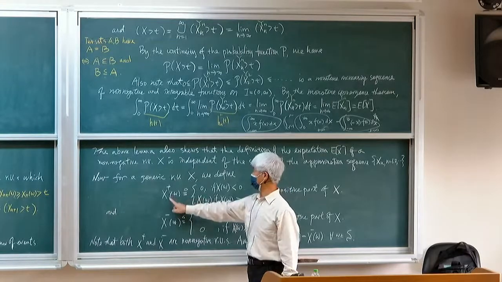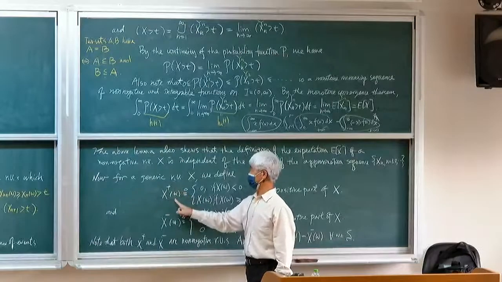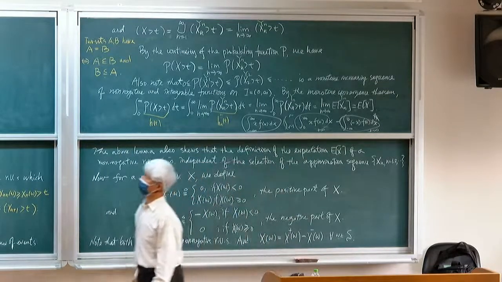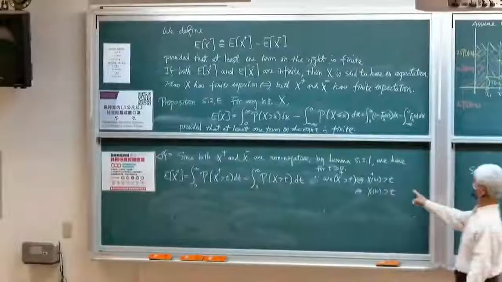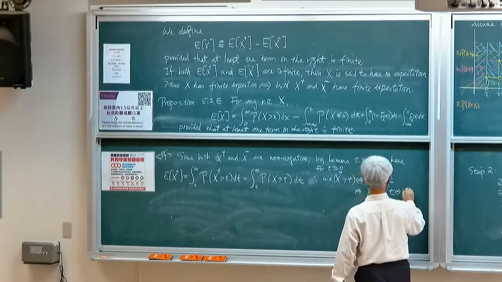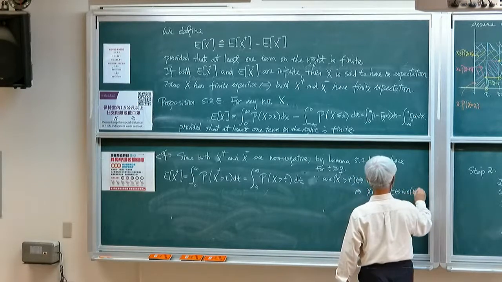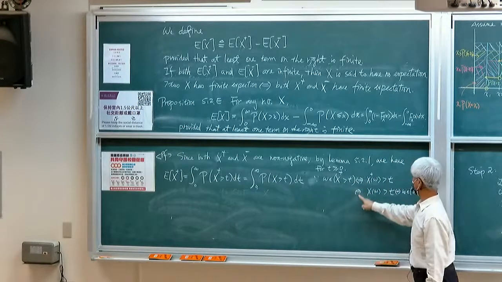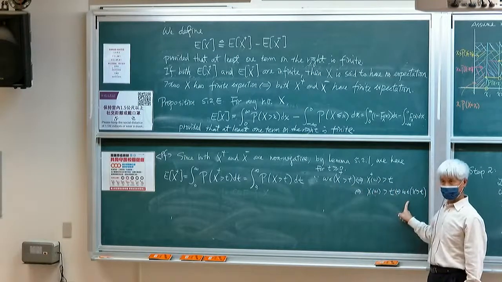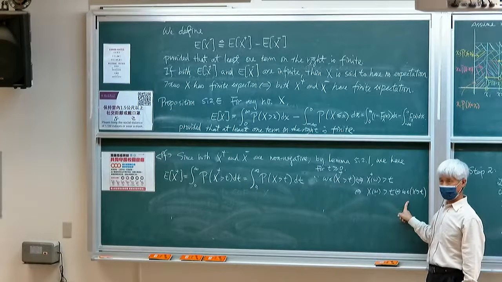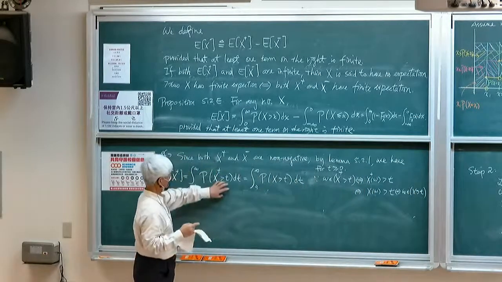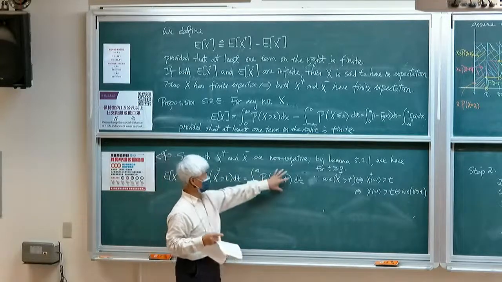So if the value is positive, that means X of omega must be positive and they are equal. All right, and so that means that omega is in X greater than t. So this is if and only if. So that means that these two events are the same. So the event X plus greater than t is equal to this event.